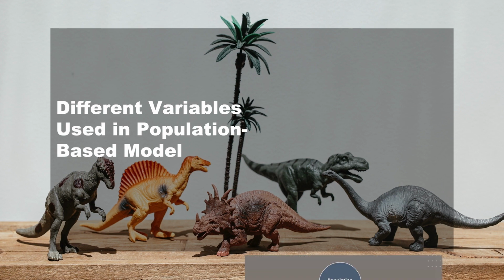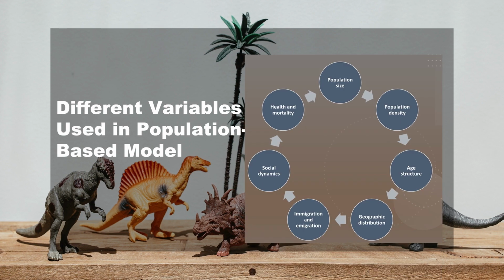So, in a population based model, there are also various variables used to make such a model accurate, and these variables are population size, density, age structure, geographic distribution, immigration and emigration, social dynamics, health and mortality.